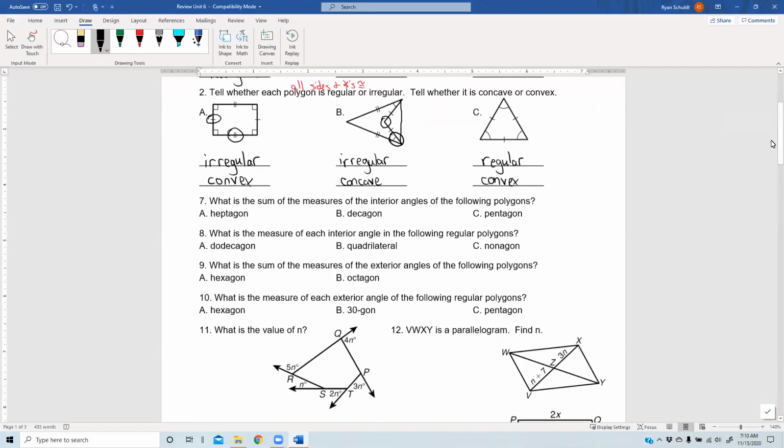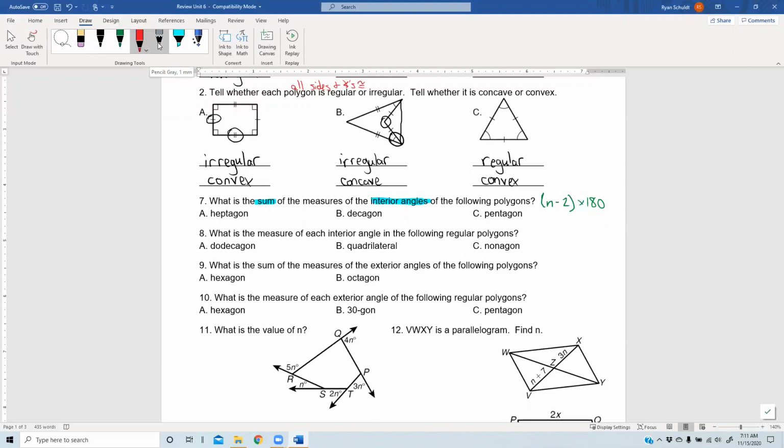Okay, number 7. What's the sum of the interior angles of the following polygons? This is where we use the formula n minus 2 times 180. That's where we have to use that formula.